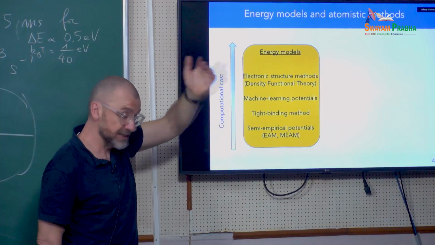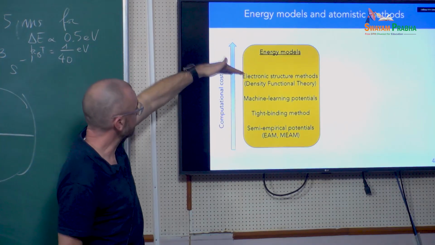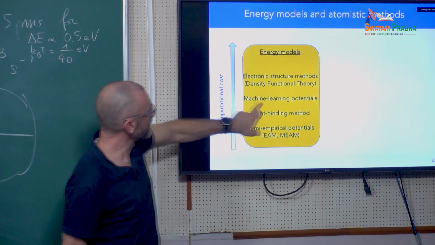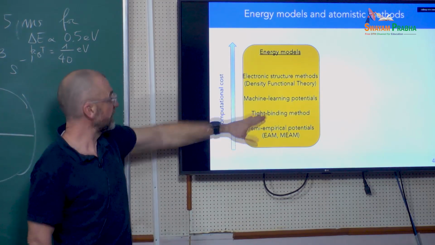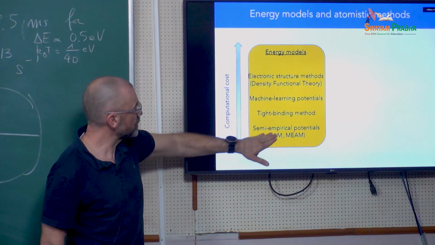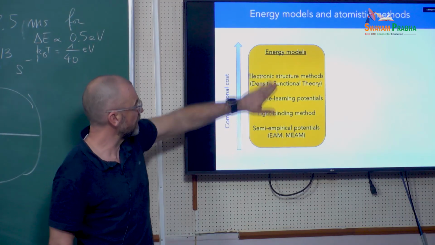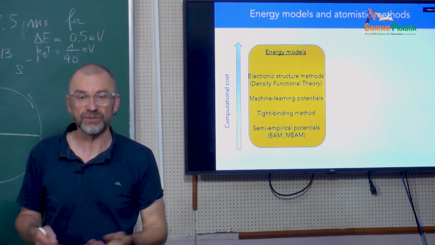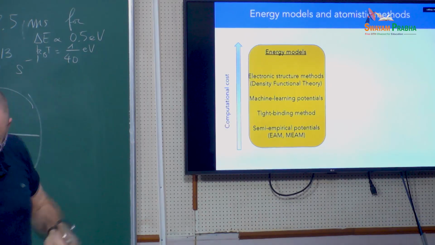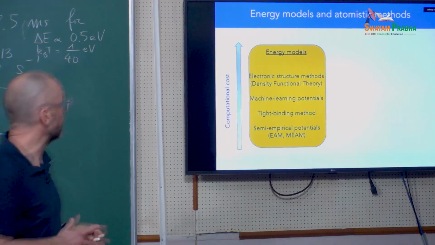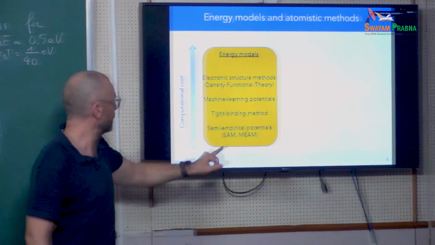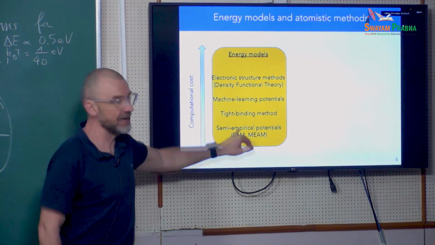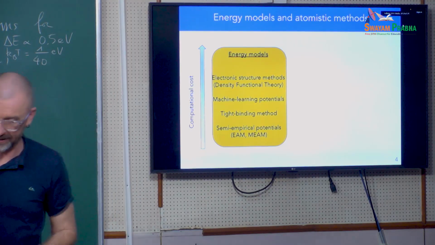And since, I don't know, less than 10 years, in between those two, we have the machine learning potentials that have come up that can be very accurate. They cost much more than the semi-empirical potentials, but much less than the electronic structure calculations. So these are the types of choices for energy models. For the tutorials, it's only based on EAM potentials to have fast calculations.